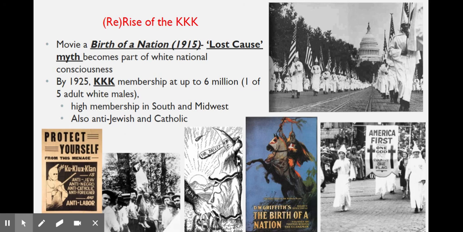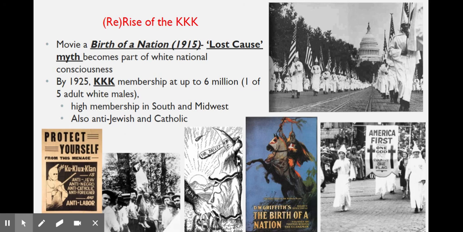Woodrow Wilson believed in the lost cause myth, certainly had views about racial superiority. As president, by executive order, he segregated government jobs that had not been segregated in the past. But that movie is going to take on a life of its own and in some ways fuse with other social problems of the day.